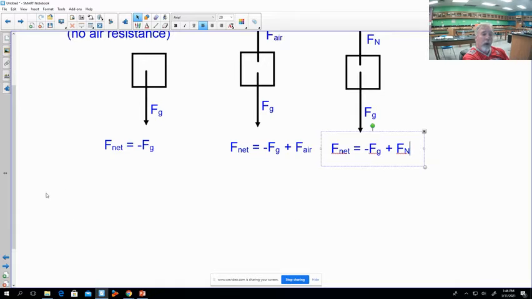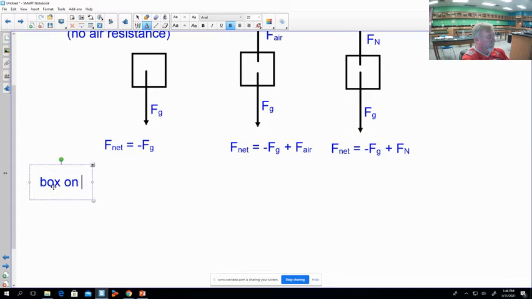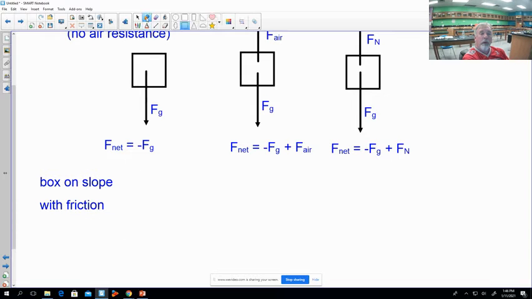What if we instead had the box, now said our box was on a slope? With friction. Okay. Our box is on a slope with friction. So let's see if I can get here's our slope.